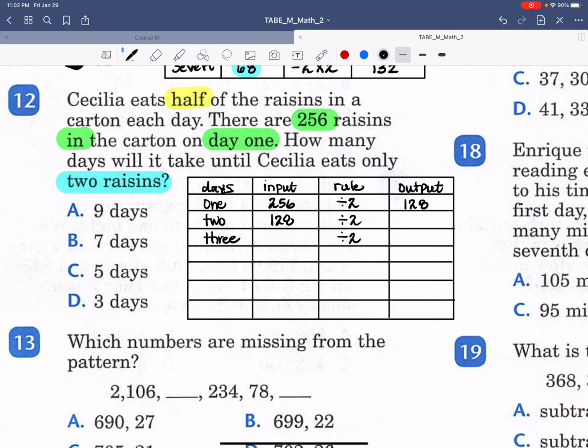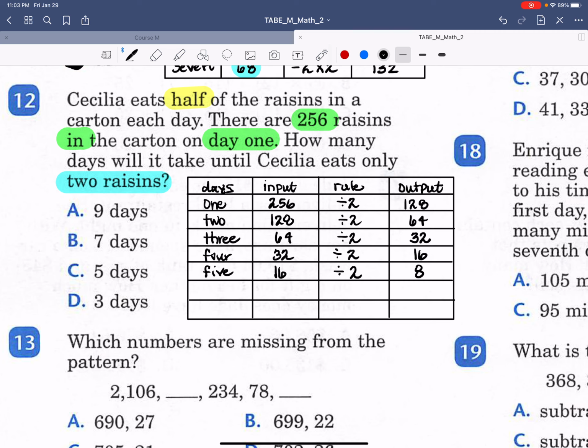128 divided by 2 is 64. 64 divided by 2 is 32. So I need to go a little further. The next one is 5, so I'll go there. Then 32 divided by 2 is 16. 16 divided by 2 is 8.